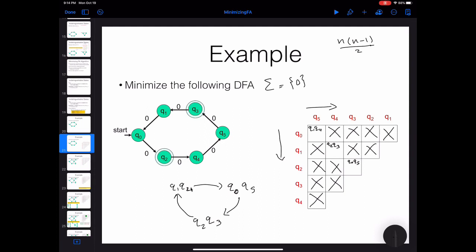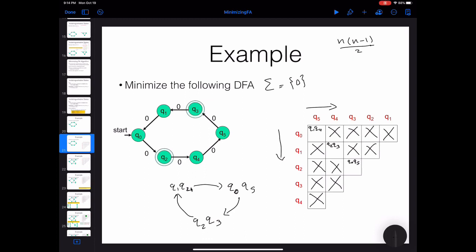In fact, Q1 and Q4 are going to be the same. They are equivalent. Q2 and Q3 are equivalent. Q0 and Q5 are going to be equivalent. At the end of the table, after you finish checking all the cells, if you end up with some cells that haven't been filled, they are just going to be a couple of dependencies between these pairs.